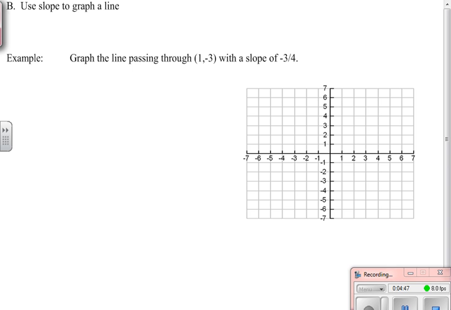Now, graph the line passing through 1, negative 3 with a slope of negative 3/4. Now we can graph given different combinations of information. So in this case, I'm given a point.